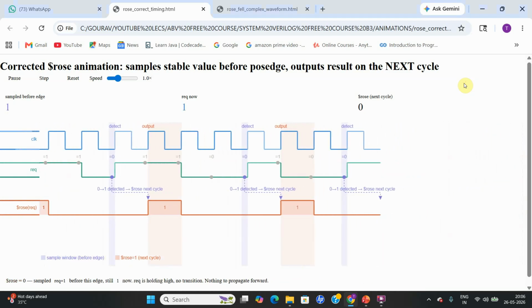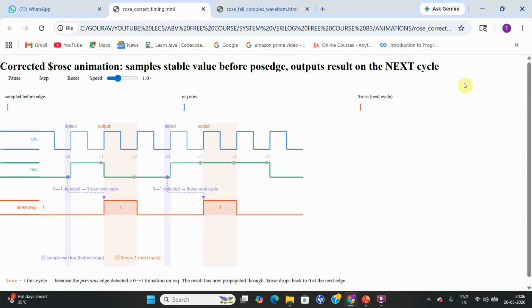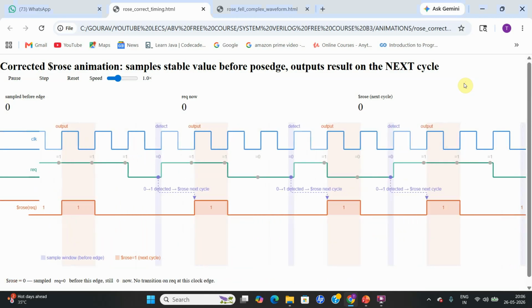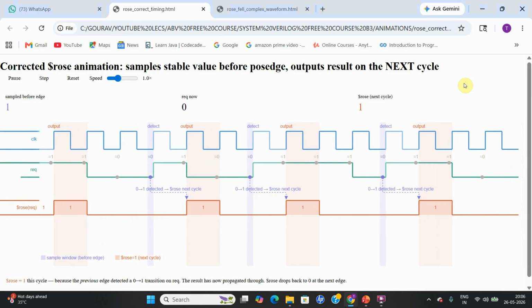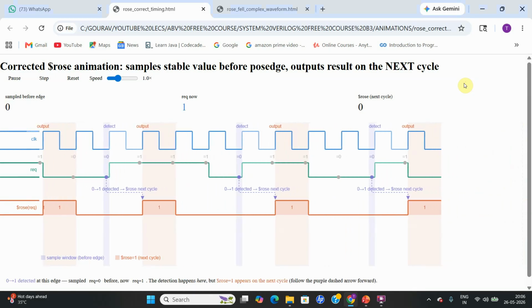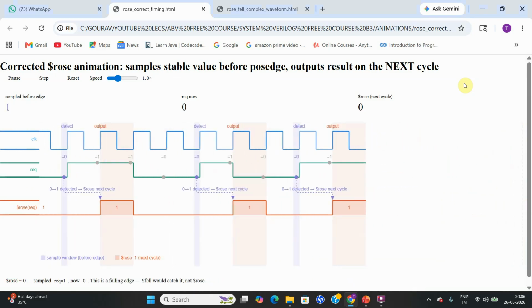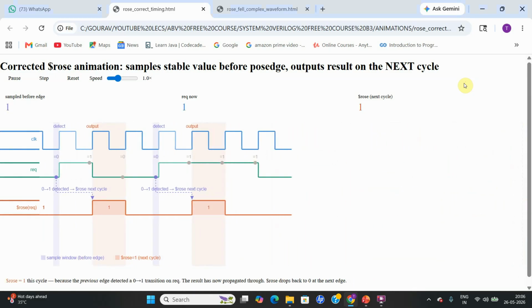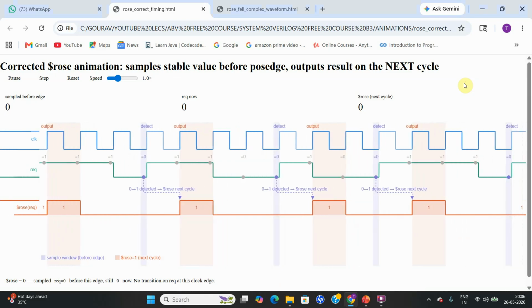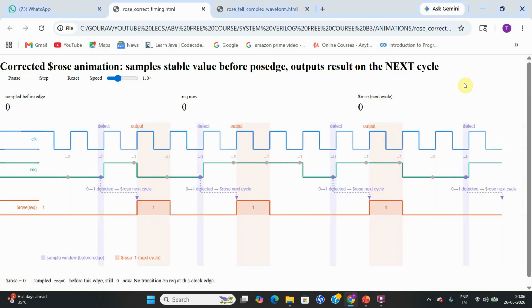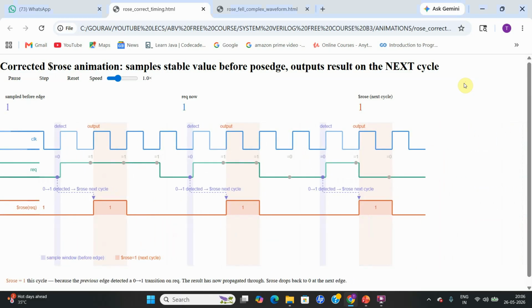In this video, let us try to understand a few system functions which we are going to use in our assertions. The very first system function we are going to discuss is $rose. Let's understand what $rose means with this timing waveform.